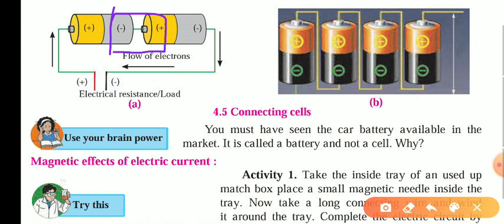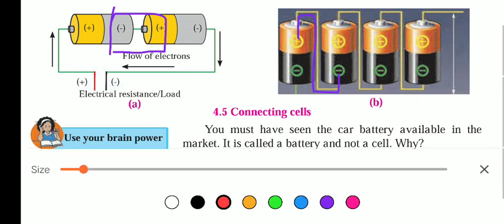It should be properly connected, and then we can form the series. You can see here the positive of one is connected to the negative of another, and then this positive is connected to the negative of the other, and so on. It goes on continuously.